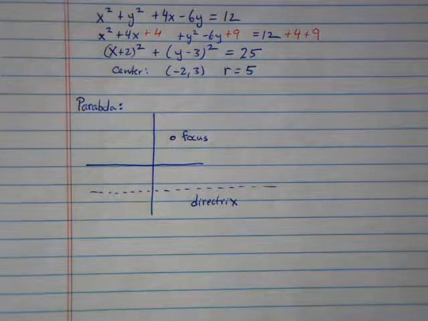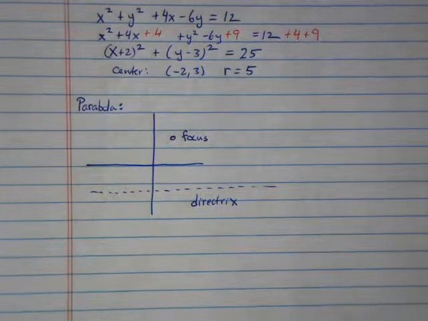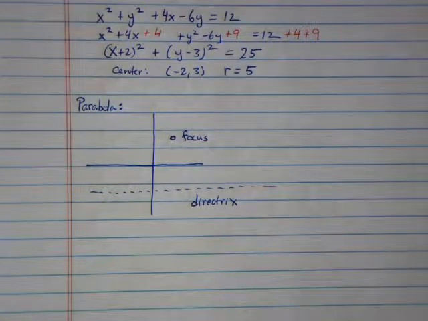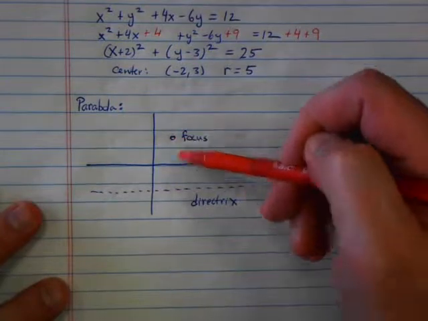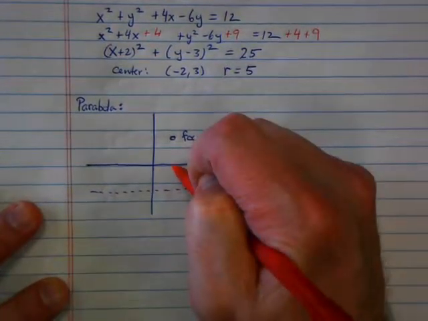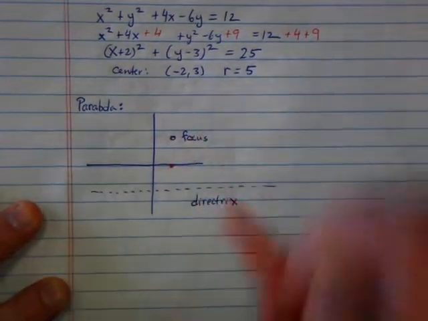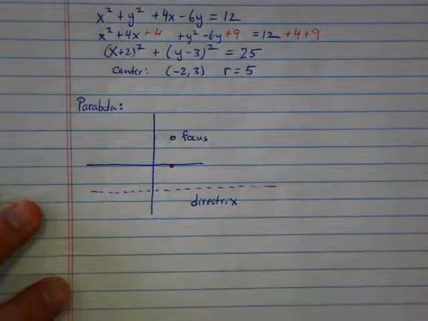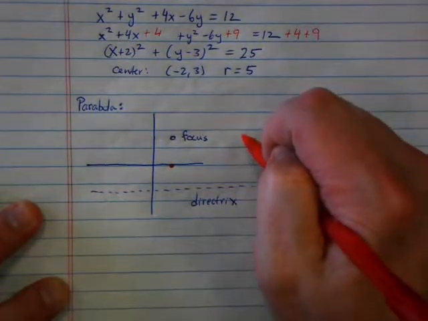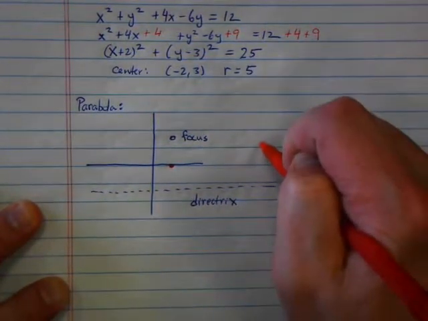The parabola is all points that are equidistant from the focus and the directrix. So for example, if I go exactly halfway between the focus and the directrix, that's one point right there. Another point out, this is going to be a pretty wide parabola.